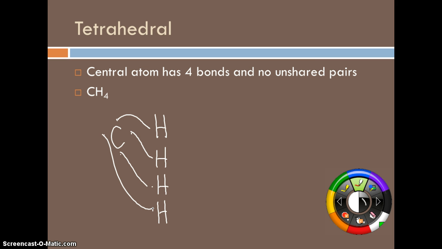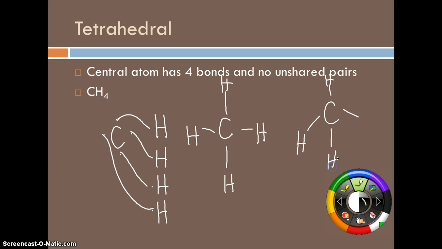So each free valence electron on the carbon is going to come over, bond to the hydrogen. So we're going to put our central atom in the middle, and then you're going to spread your 4 out the best you can. And so you can draw it like this. This is acceptable. But the 3-dimensional structure of it is going to look more like this. So it's very similar to the trigonal pyramidal.